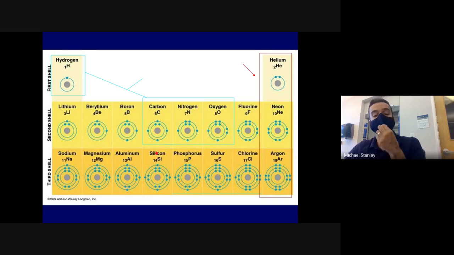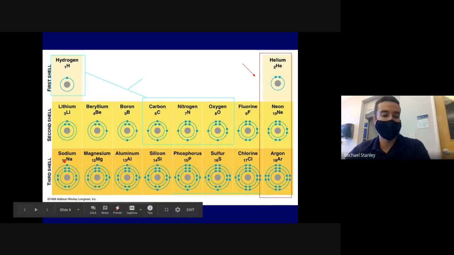If you remember from the octet rule, we also mentioned that sometimes we might have to lose electrons in order to get to a full shell. Things like carbon or nitrogen or sulfur or chlorine are going to gain electrons in order to fill up that outer shell. But things like lithium or sodium or magnesium might lose electrons. Sodium over here only has 1 valence electron.